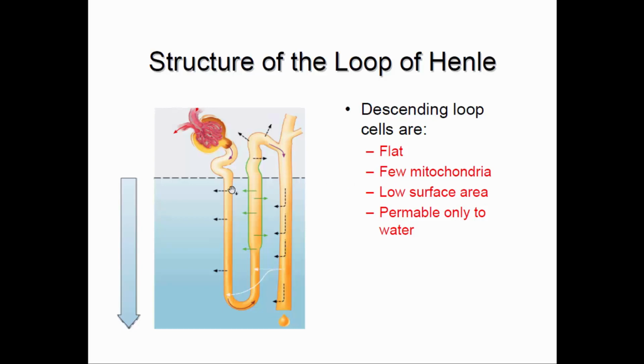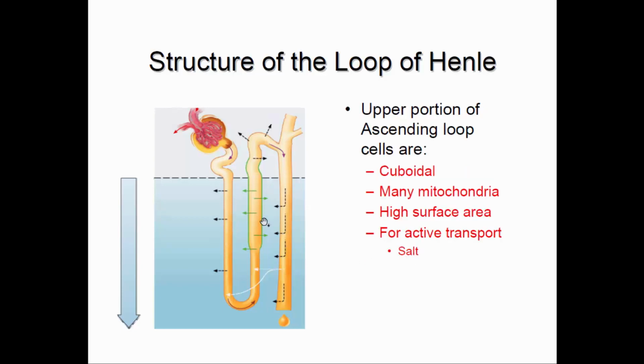So it's only permeable to water, and it's going to keep everything else in it. The upper portion of the ascending limb, this thicker area here, the cells are cuboidal. There are going to be many mitochondria and high surface area. Since there are a lot of mitochondria, we're going to have some active transport, and that active transport is for salt, sodium.